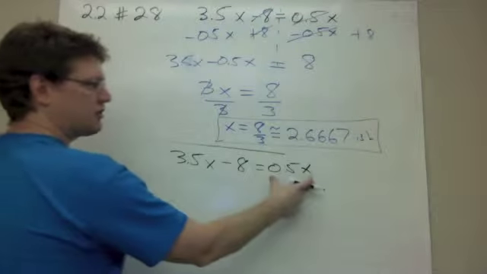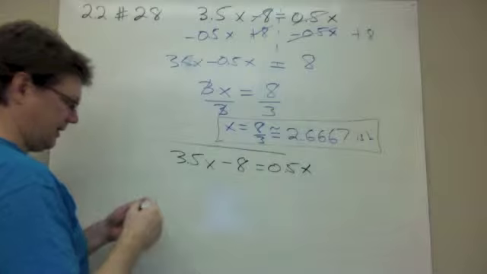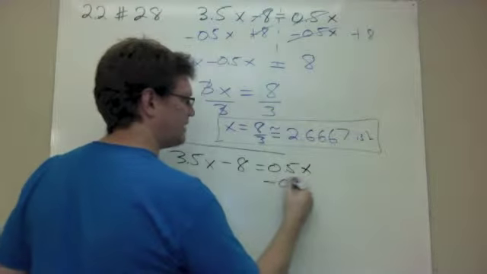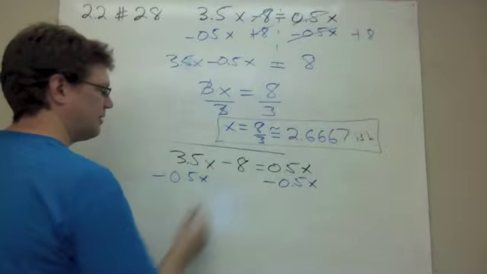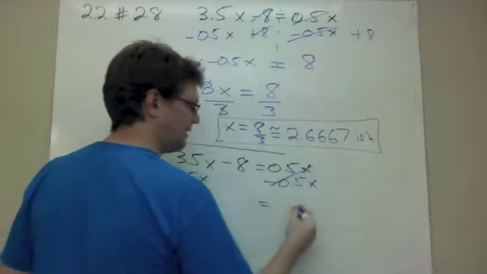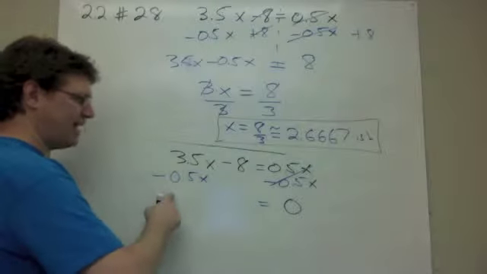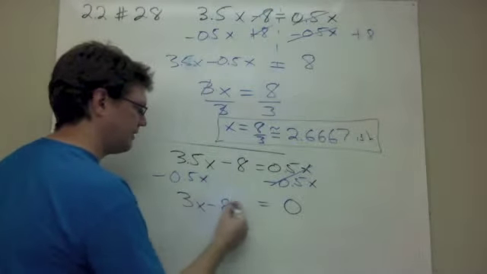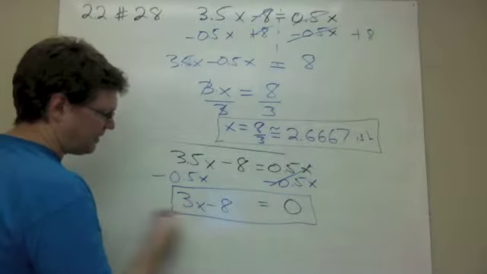Now, if I just subtract whatever I have over here to the other side, right, then I will get a nice 0 on the other side. So minus 0.5x, and I'm going to subtract 0.5x. Okay? Over here, adding and subtracting, that's going to cancel out, leaving the 0. 3.5x minus the 0.5x, if I take away half of it, I'll have 3x minus 8 is equal to 0. And this is the thing that I'm going to look for.